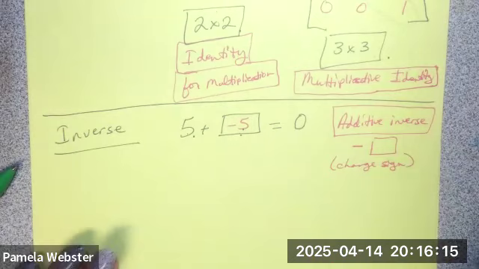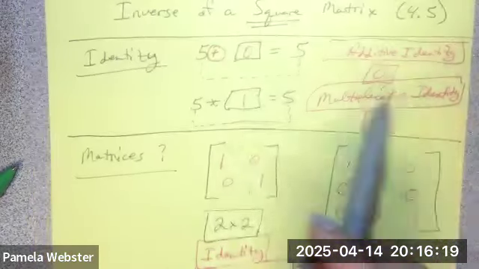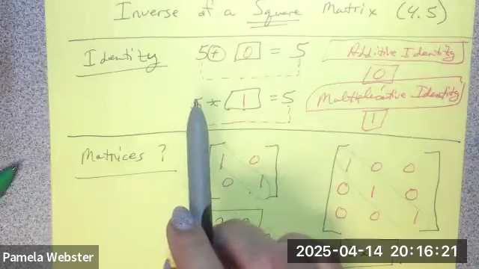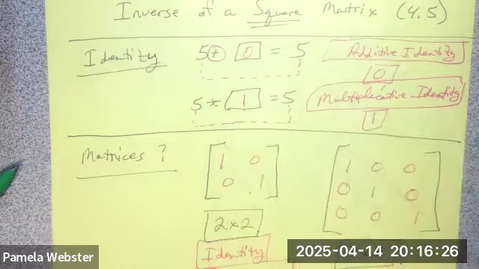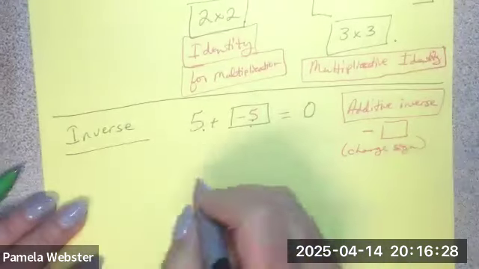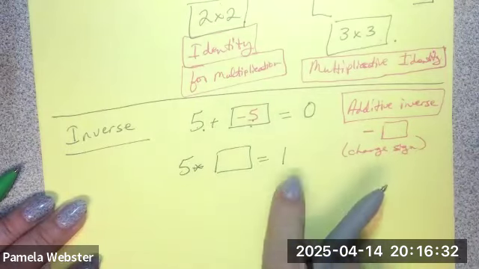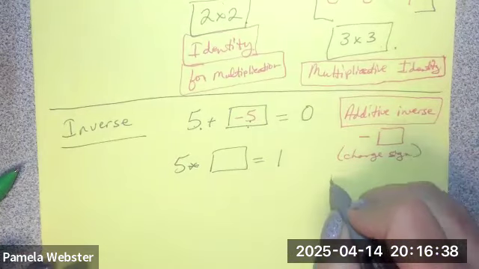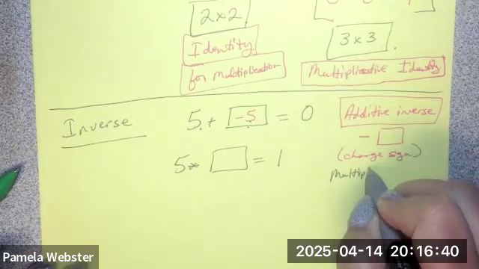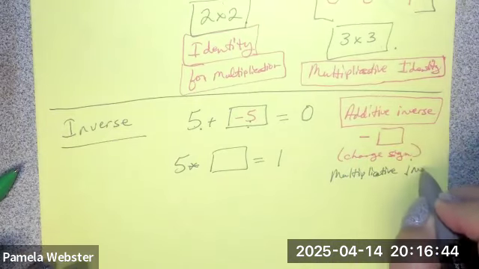Okay. So what do you think, if that's what happens when I'm adding, I get back the 0, what do you think happens when I'm multiplying? I need to multiply the 5 by something to get back the 1, right? Does that make sense? So I'm saying 5 times some number will give me back the 1, which in this case, the 1 is the multiplicative identity, right? So this will be the multiplicative, such a long word, inverse whenever I get it.